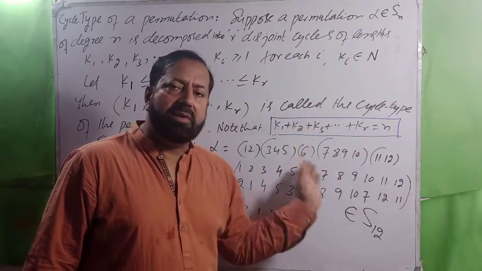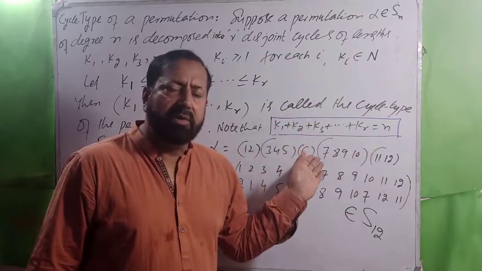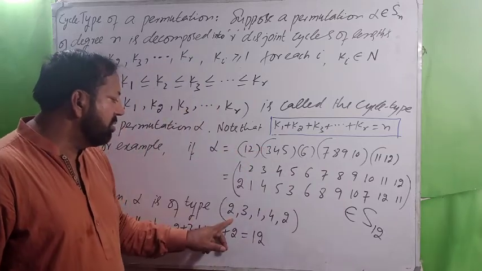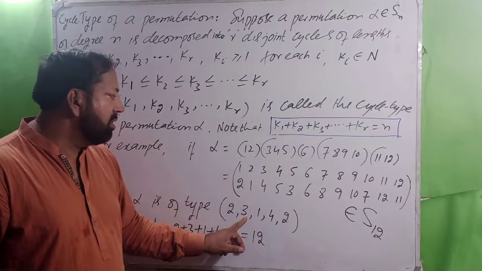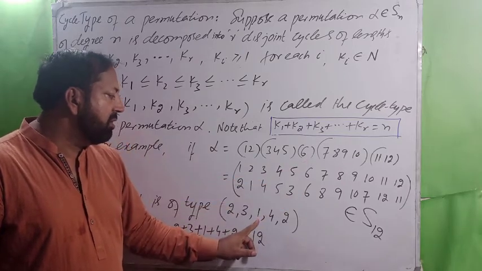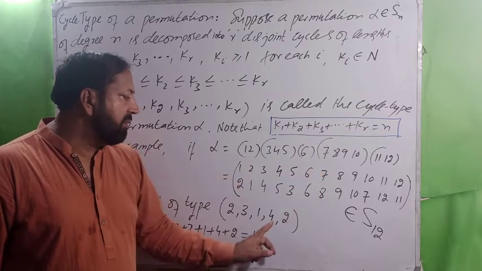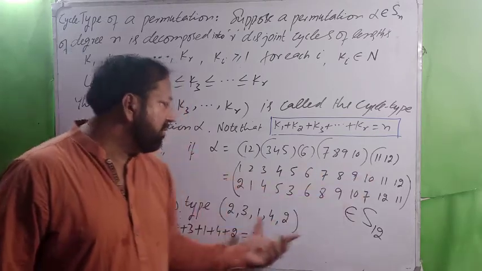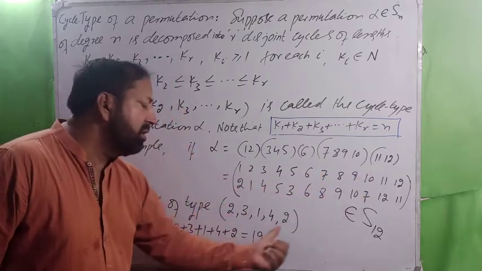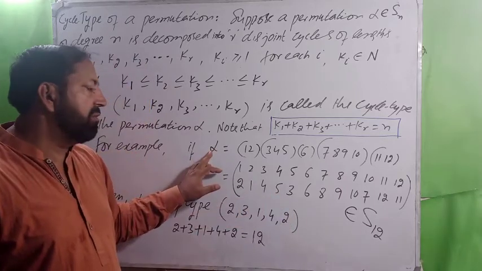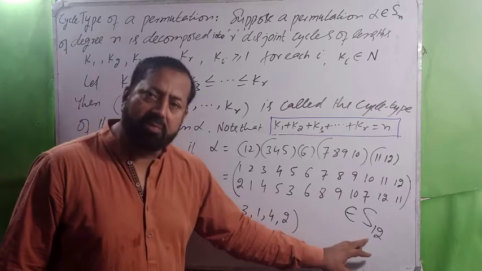So what is the cycle type of this permutation? This is 2, then 3, then 1, a cycle of length 1, it's a point. And then 4, a cycle of length 4, and then a cycle of length 2. This is the cycle type of this permutation alpha, which was an element of S12.